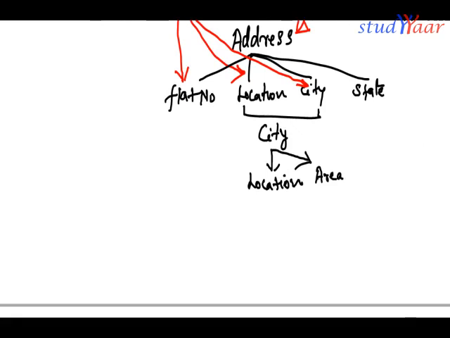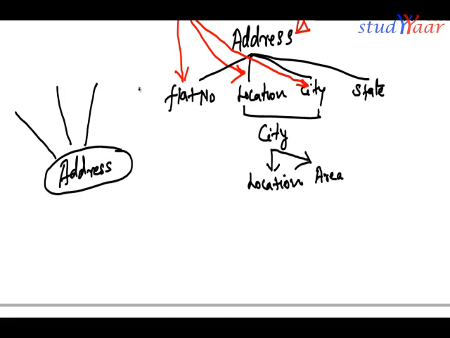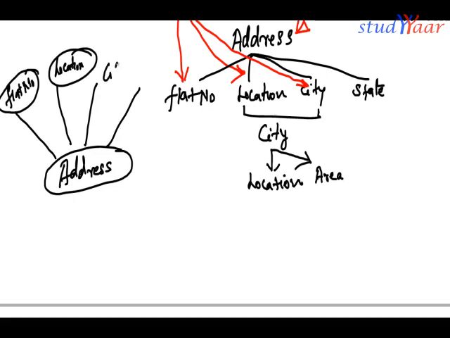Now we'll see how a composite attribute is represented. Okay, so it's simple. It's represented like this. Address will be the attribute which is composite, and it is composed of, we'll write it like this, a flat number, a location, a city and a state.